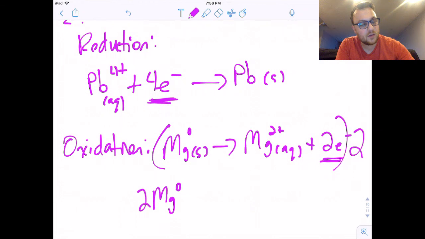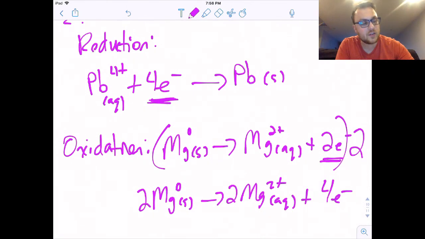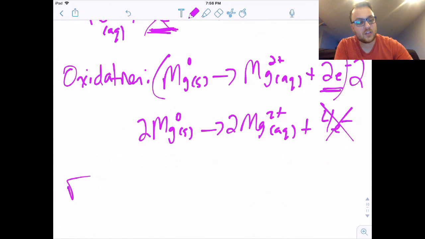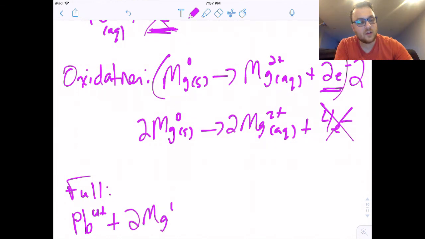All I did was distribute that 2. Now these cancel out, and when you combine them for the full reaction, you have Pb4+ plus 2Mg0 make Pb plus 2Mg2+. And that's aqueous, solid, solid, aqueous.